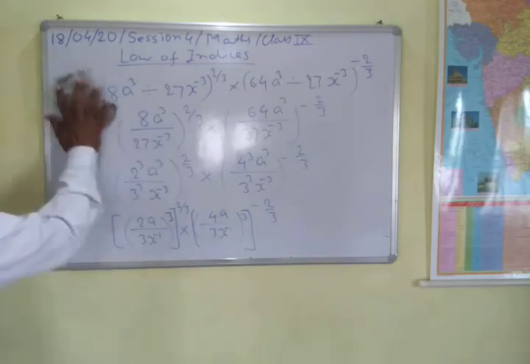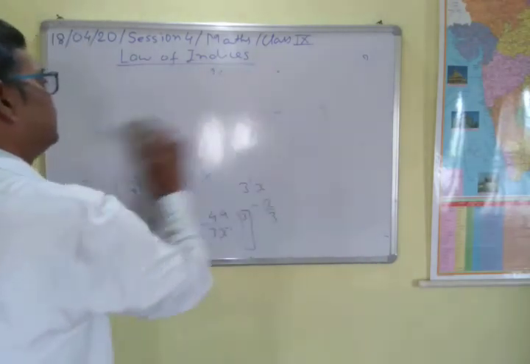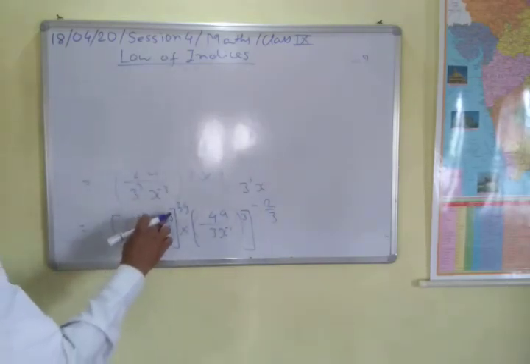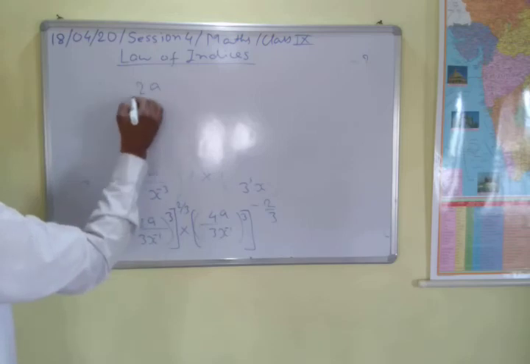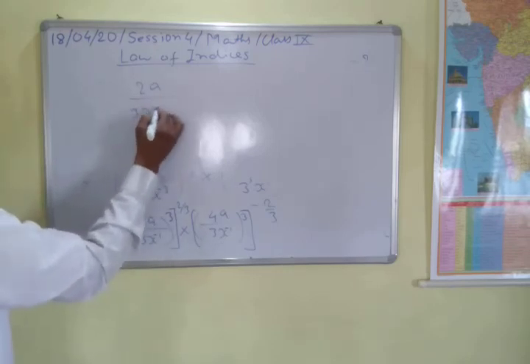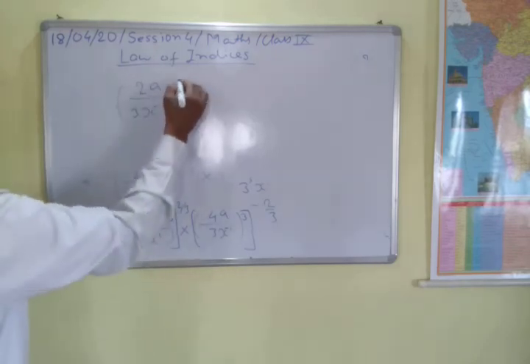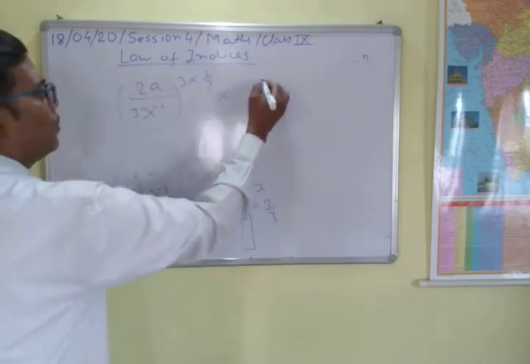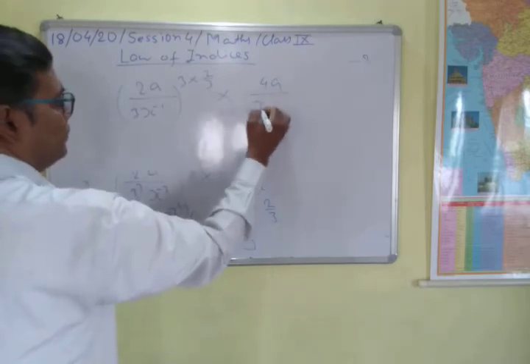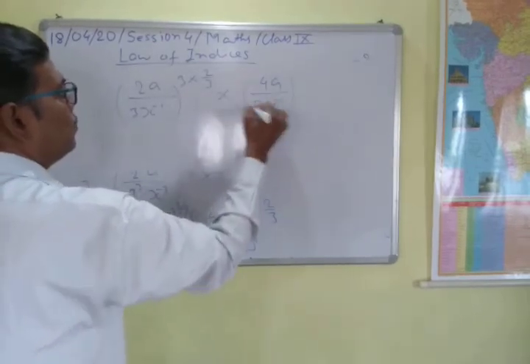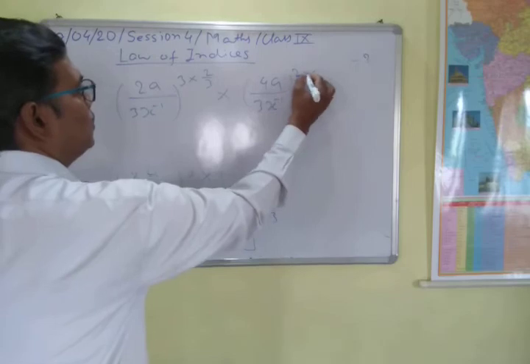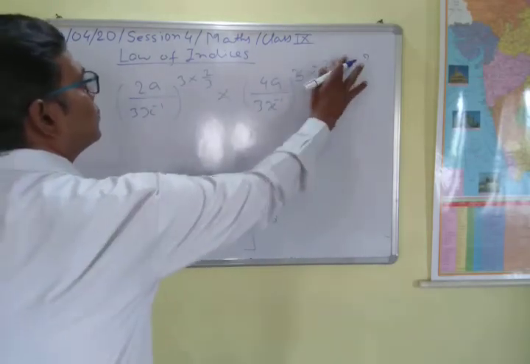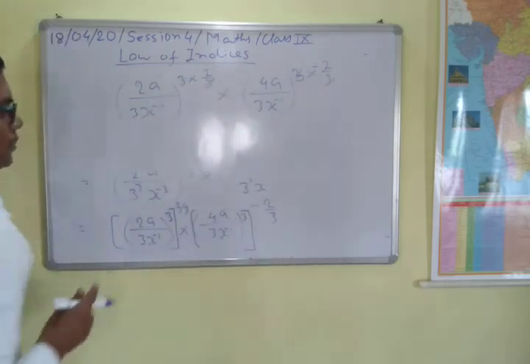And next, here this and this power will be multiplied: 2a by 3x minus 1 and 3 into 2 by 3, into 4a by 3x to the power minus 1, to the power 3 into minus 2 by 3. So here minus, this will cut here and this will also cut.